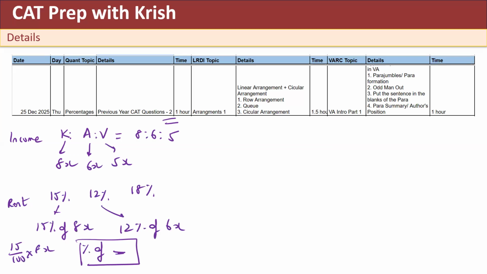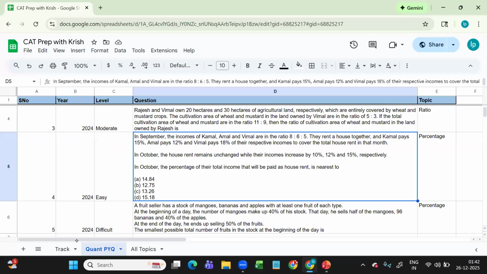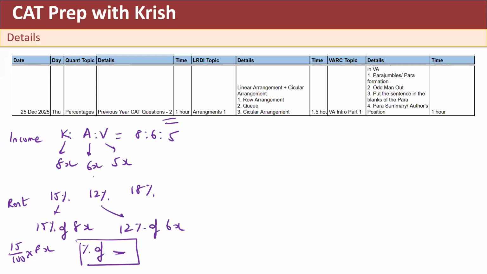Okay. And the second part of the question says that the salaries are increasing by 10%, 12%, 15%. So when I say 10% increase of 8x, what does that mean? It is basically 1.1 times 8x.